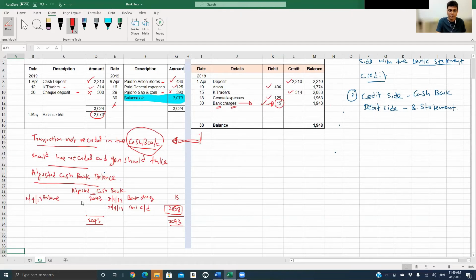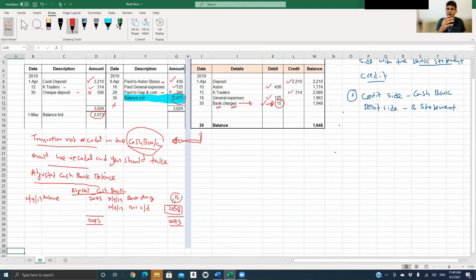So what we had to do is adjust our cash book balance. Take this balance as of 30th April and make an adjustment for 15. So the cash book is credited and the bank charges account will be debited.